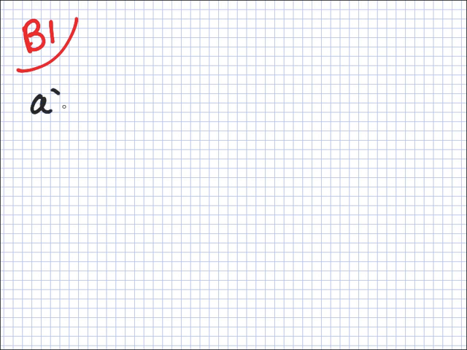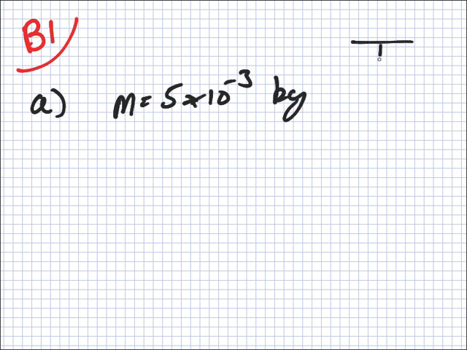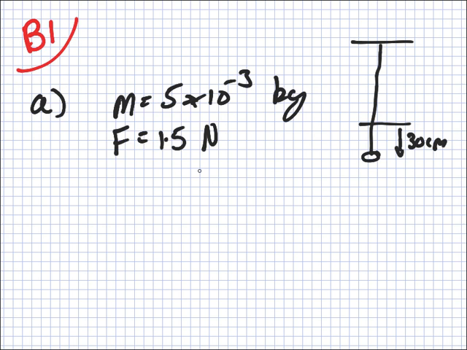Part A. There's an elastic band of mass 5 times 10 to the power of minus 3 kg, stretched vertically downwards from a fixed point by 20 cm using an average force of 1.5 newtons.